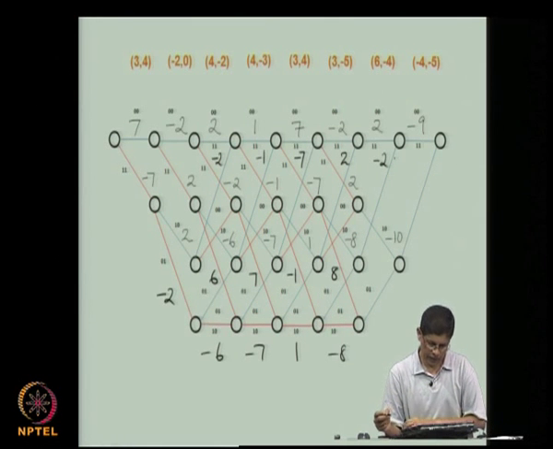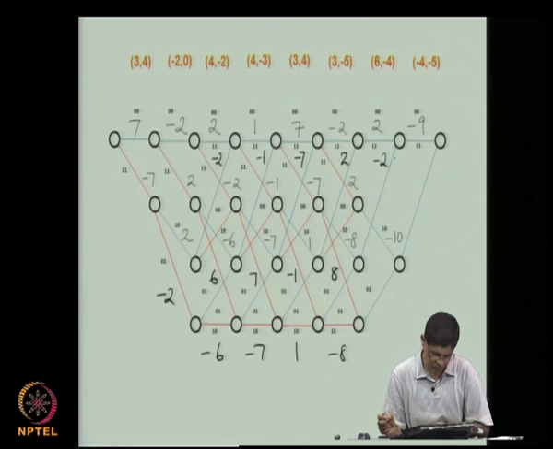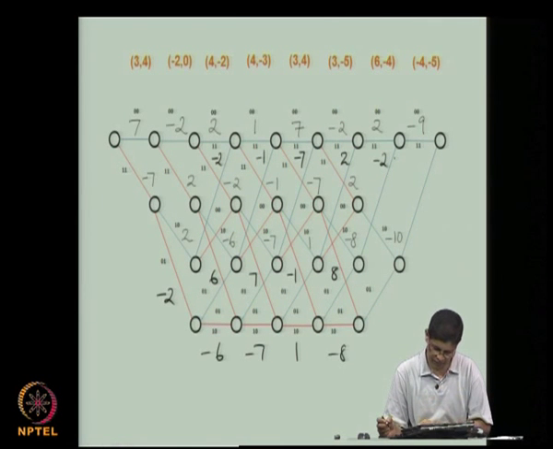So we have now drawn most of the outputs. There are two paths which are 0 1 here.